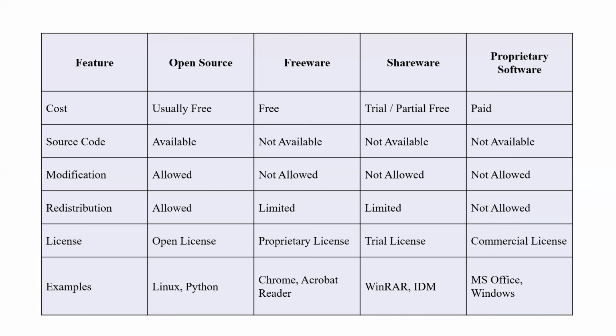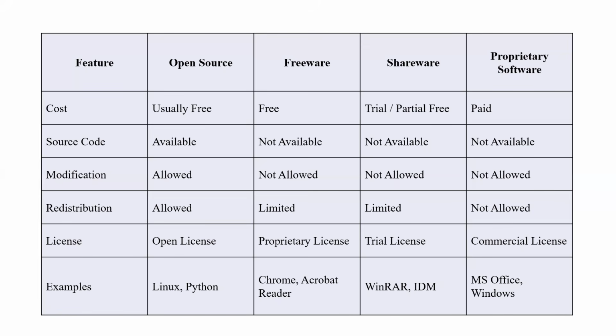Okay, now we can see the differentiation table. Cost-wise, open source is usually free, shareware is also free but only partially, and proprietary is always paid. Source code is available only in open source; freeware and shareware do not have it. Modification is allowed in open source, but not in freeware, shareware or proprietary. Redistribution is allowed in open source, limited in freeware and shareware, and not allowed in proprietary.